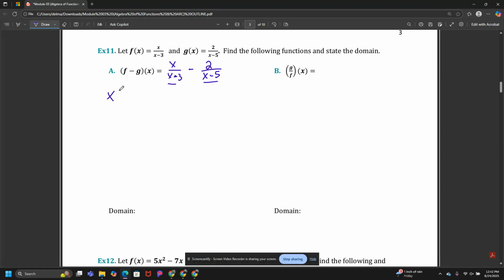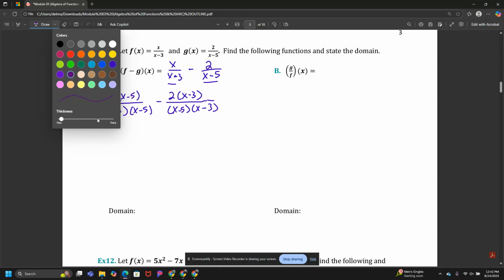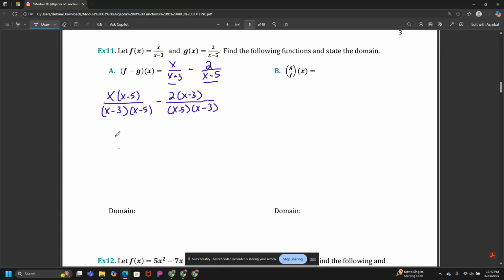I mean we're going to have to multiply by the opposite. And it may have helped if I'd switched colors here. So now these can be brought together. Okay, so let's kind of work that out, because it's all going to have the same bottom now, which is nice.